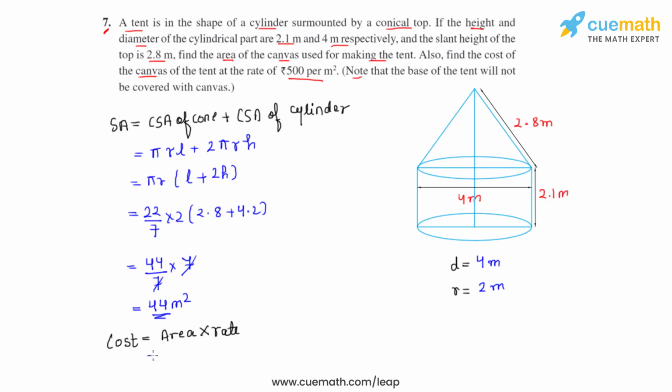So the area of the canvas used is 44 meters square, as we have just calculated, and the rate is rupees 500 per meter square. So on calculation, we'll get the answer as rupees 22,000, which is the cost of the canvas that was used to make the tent.